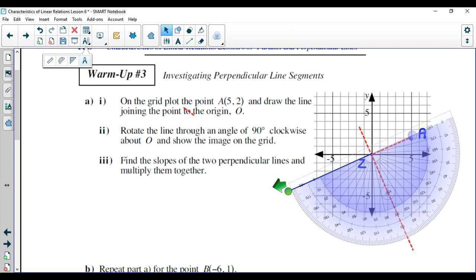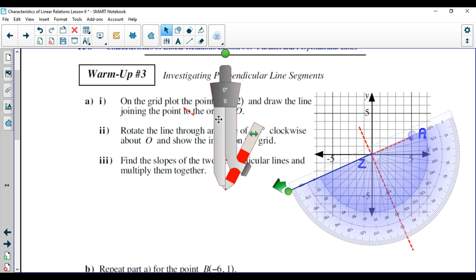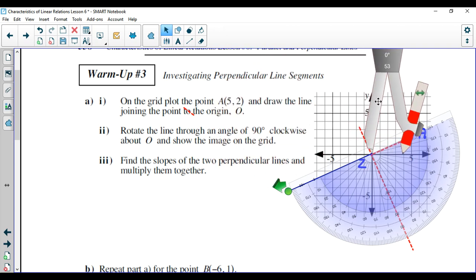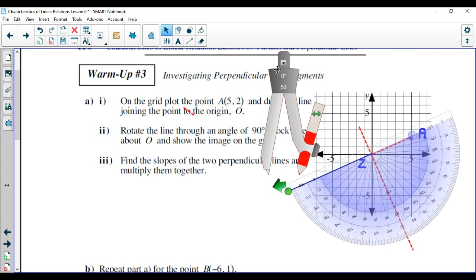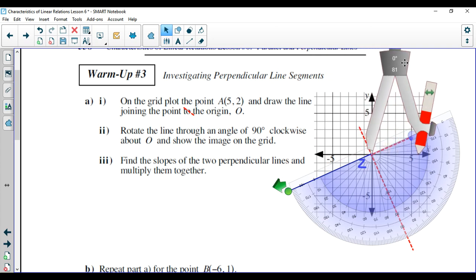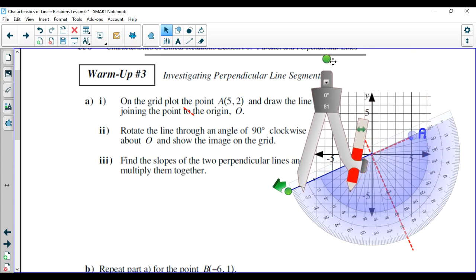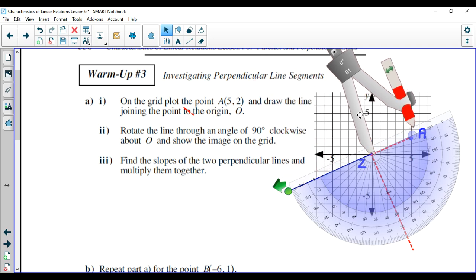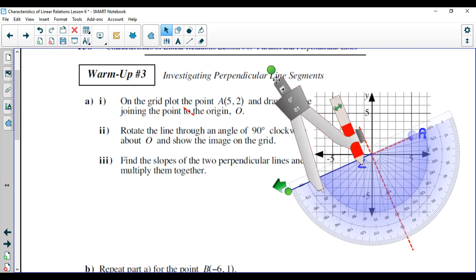So we'll take the compass now. Put the pointy edge of the compass on that bottom part there. If you can shrink the compass, don't worry about it. Okay, and then let's rotate this thing a little bit. I have to get it so the pencil edge is going to be on point A. Okay, so I'm not quite there.